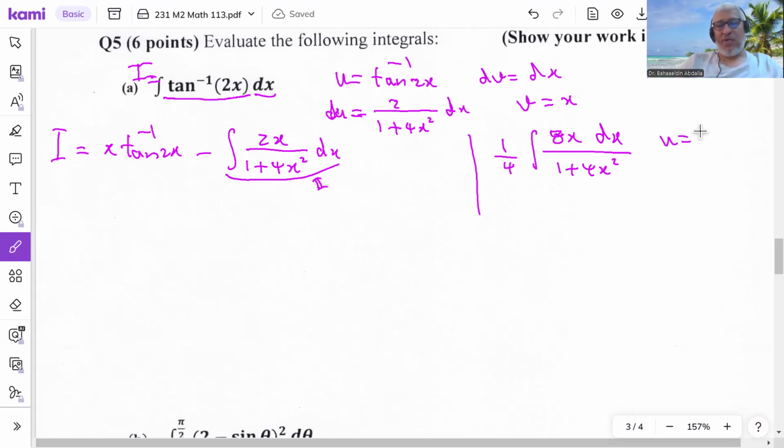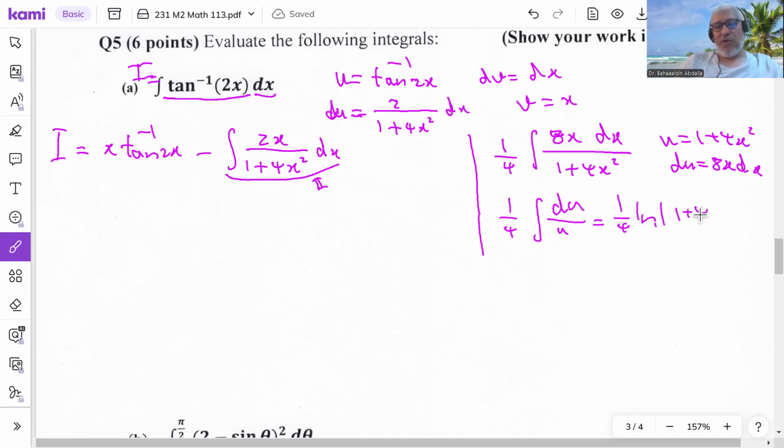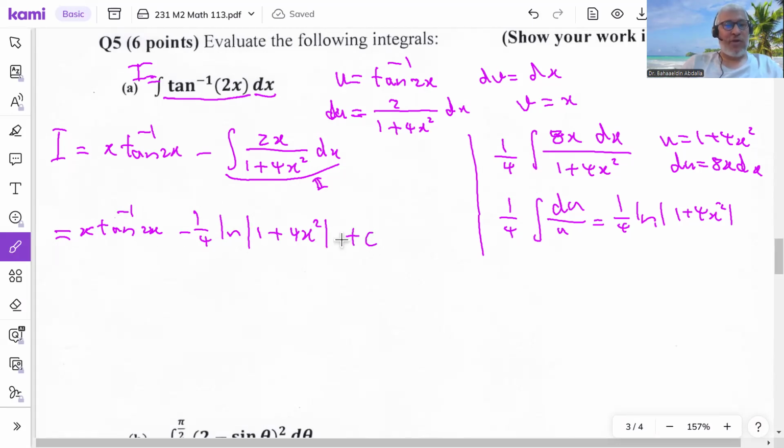So now by taking u as 1 plus 4x squared, du would be 8x dx, and this integral would be du over u, and it would be ln absolute value of u, or absolute value of 1 plus 4x squared. So the answer would be x times tan inverse 2x minus 1 over 4 ln absolute value of 1 plus 4x squared plus c, and that would be the answer.